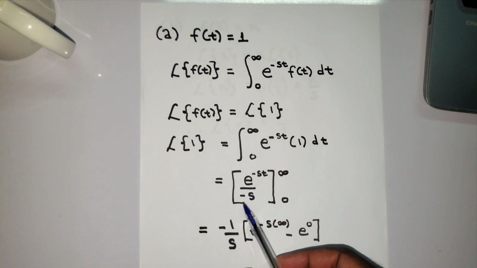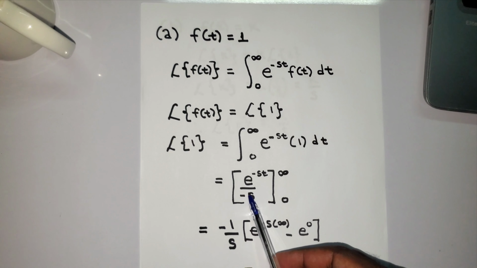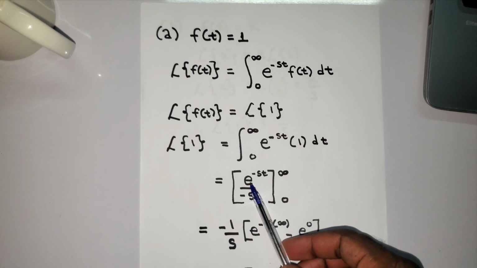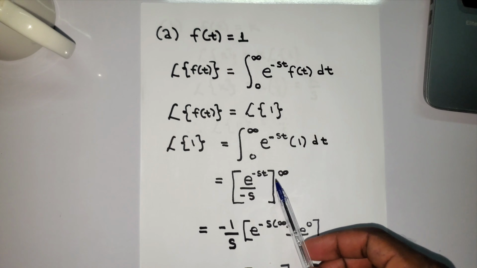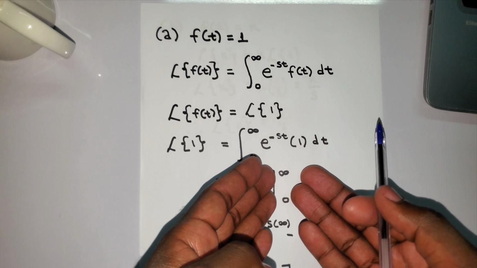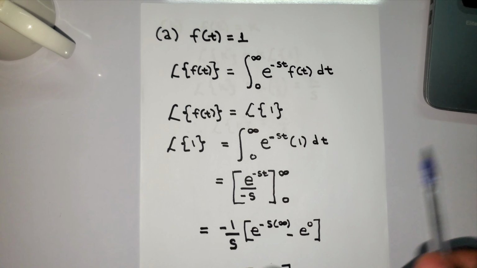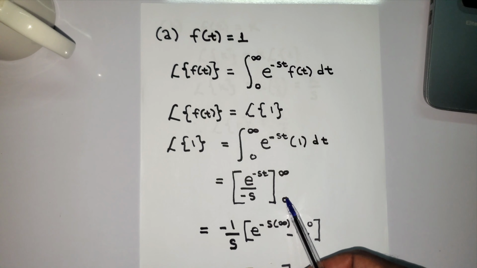In this step, we are simply factorizing minus 1 over s from this function, and so we remain with e to the power minus st, where we can now distribute the boundaries. The infinitely large number goes here and the 0 goes on the other one.